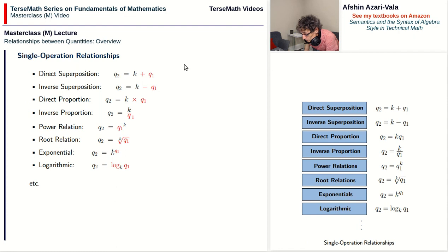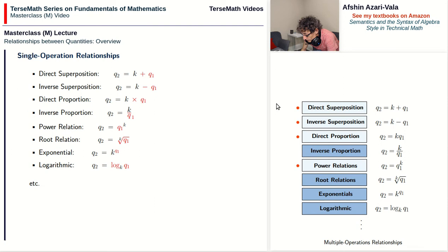Now, we can combine these basic relationships in different ways. As an example of that, if we take direct superposition, inverse superposition, direct proportion, and the power relation, so if we allow addition by Q1, subtraction of Q1, multiplication by Q1, and Q1 to the power of a constant, then we call these relationships polynomials.